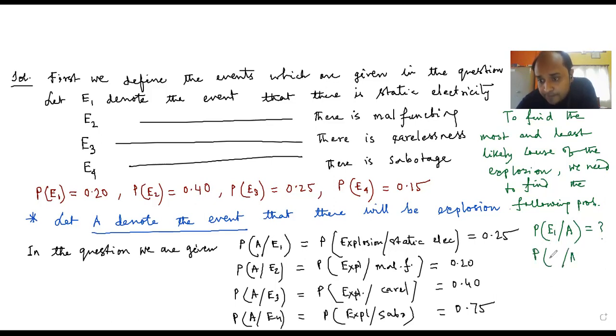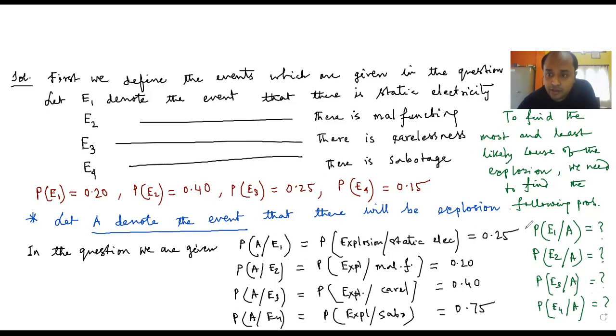Explosion has occurred. I'm trying to find what is the chance that it is due to malfunctioning. Explosion has occurred. What is the chance that it is due to carelessness? Explosion has occurred. What is the chance that it is due to sabotage?